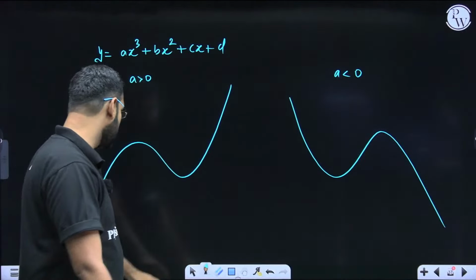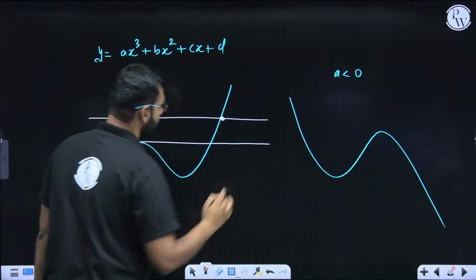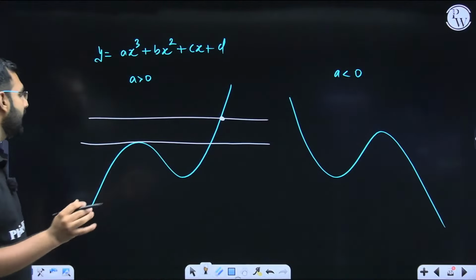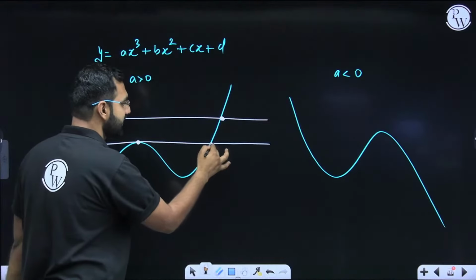Of course, what you cannot predict is where the x-axis would be, because for that you need to find the roots. But if you could find the x-axis, now see, there are 3 possibilities. X-axis could be here. So if the x-axis is intersecting it here, it means it has one real root. Or x-axis could be here. So if the x-axis is intersecting it at 2 points, it means here it is touching the curve, here it is intersecting this.